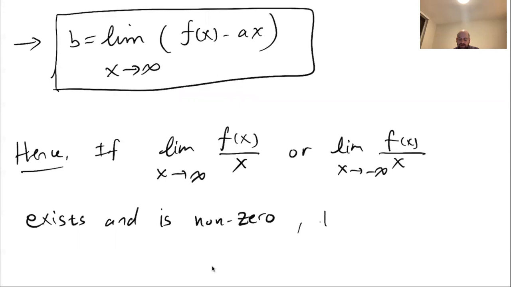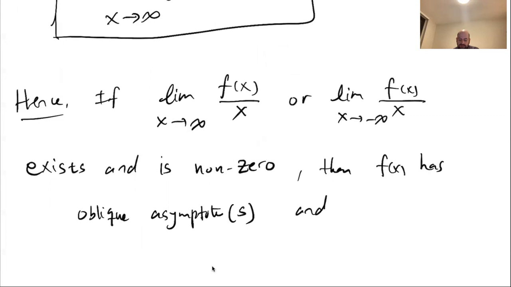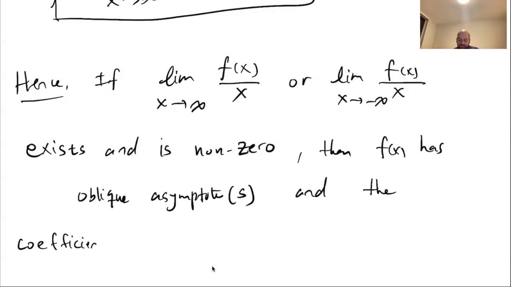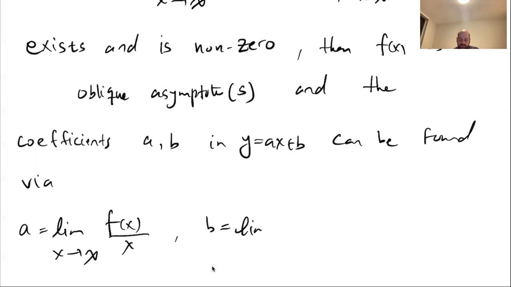Right? And then we can say that f of x has one or two oblique asymptotes, and the coefficients a and b in y equals ax plus b can be found via a equals limit of f of x over x as x goes to infinity, and b equals limit of f of x minus ax as x goes to infinity.